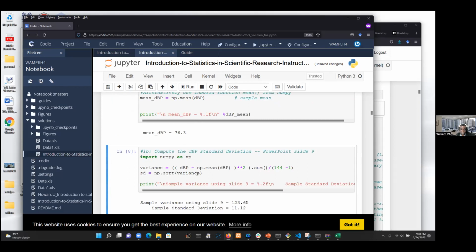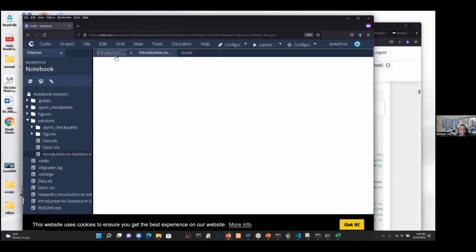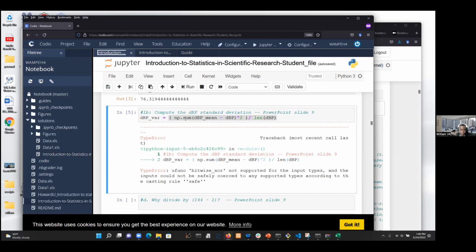And then the variance. It's saying here that instead of summing, we could take this, which is another data, do the sum on the data, and then divide. So take this, Control C, go to the student file, and instead of np.sum, you say the sum of this.